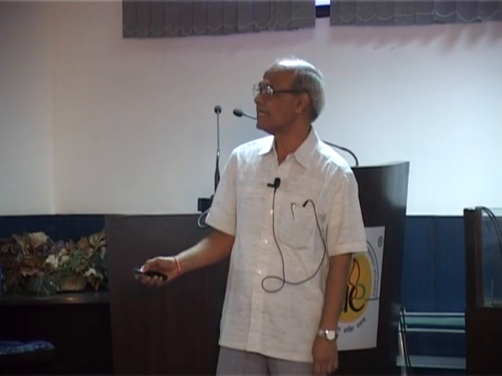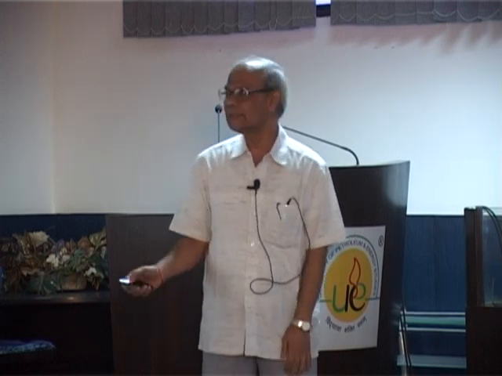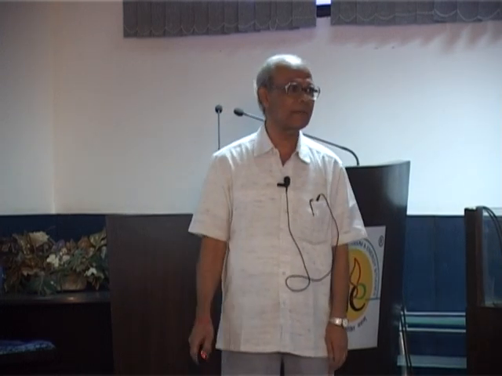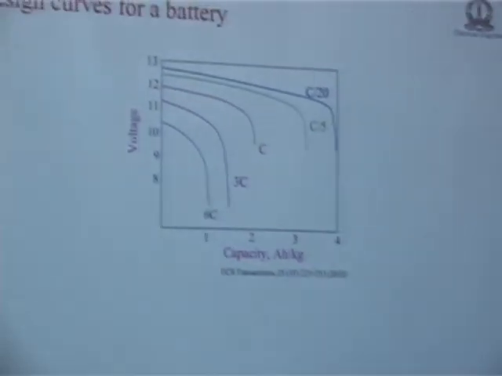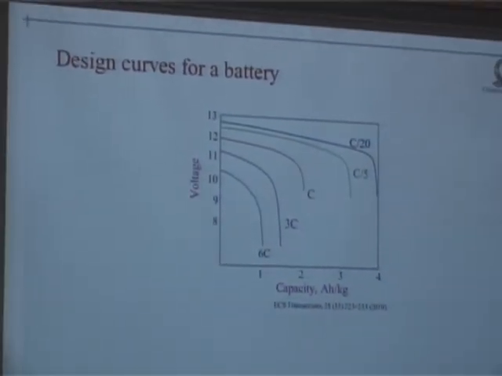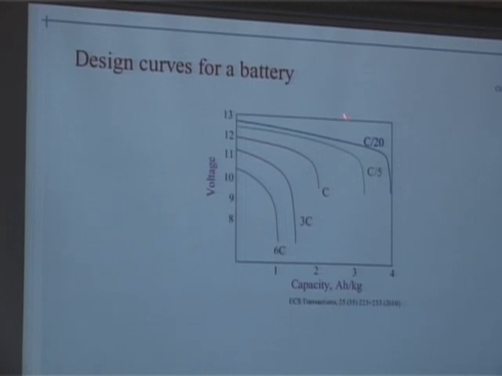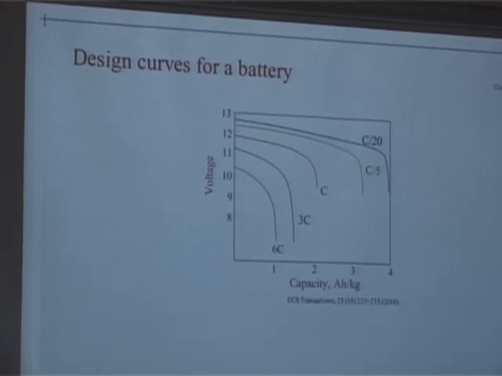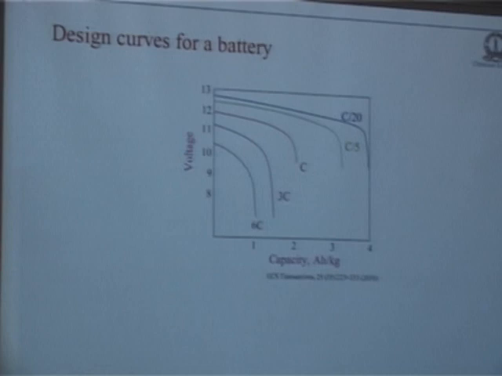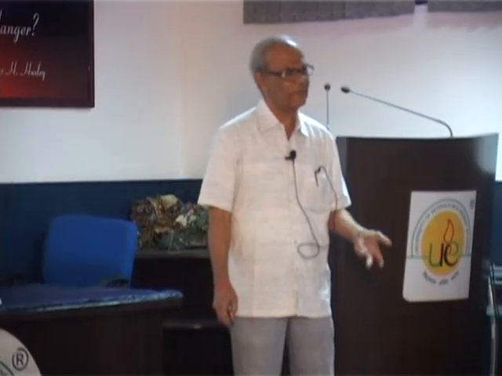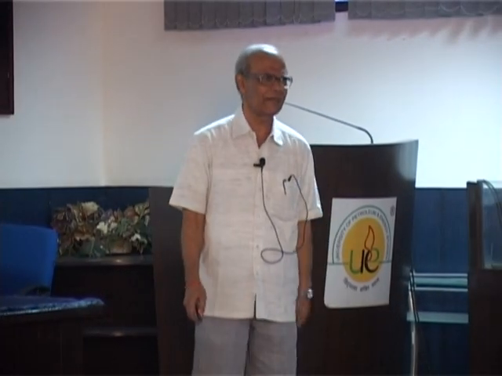This current density is written in a particular way. This C is the theoretical capacity of the battery. Suppose I discharge the battery in 20 hours, a very, very slow rate of discharge, then the current is called C by 20. I can calculate the current from that. I am discharging so many coulombs in 20 hours. You know, current is coulombs per time, so I have the current density and I can easily calculate that.